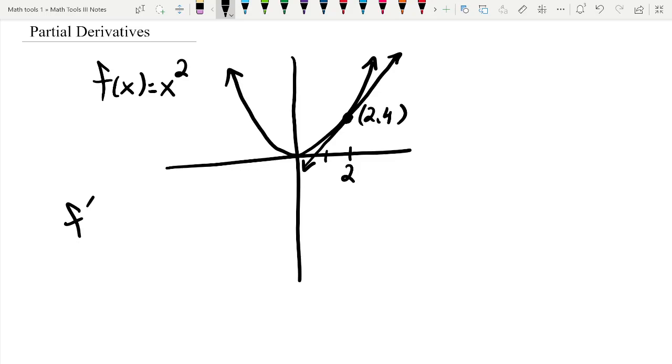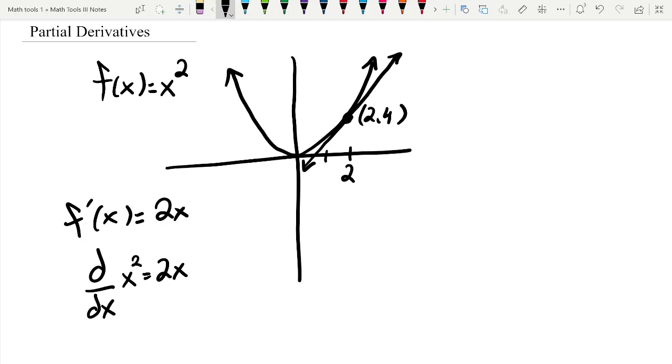So our derivative f prime of x would be equal to 2x, which, remember, we would say that d/dx of x squared is equal to 2x using that Leibniz notation, which will be pretty common here with the partial derivatives. So the slope of the tangent line at that point, then we just plug in x equals 2.